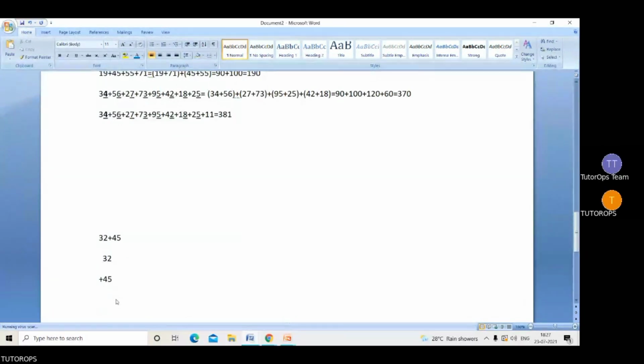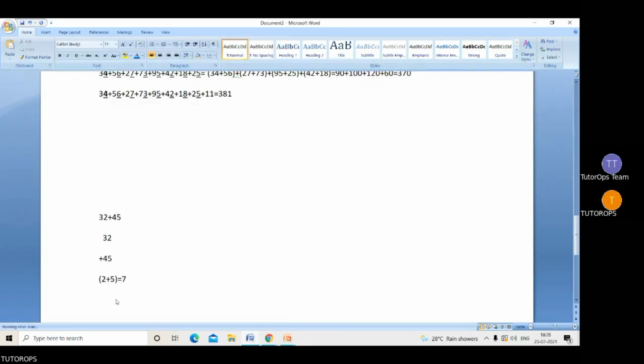In the usual method, we add 2 with 5. Yes, you are correct. So 2 with 5 will give us 7. And what will be the next? The next will be 3 plus 4. That will also result in 7.